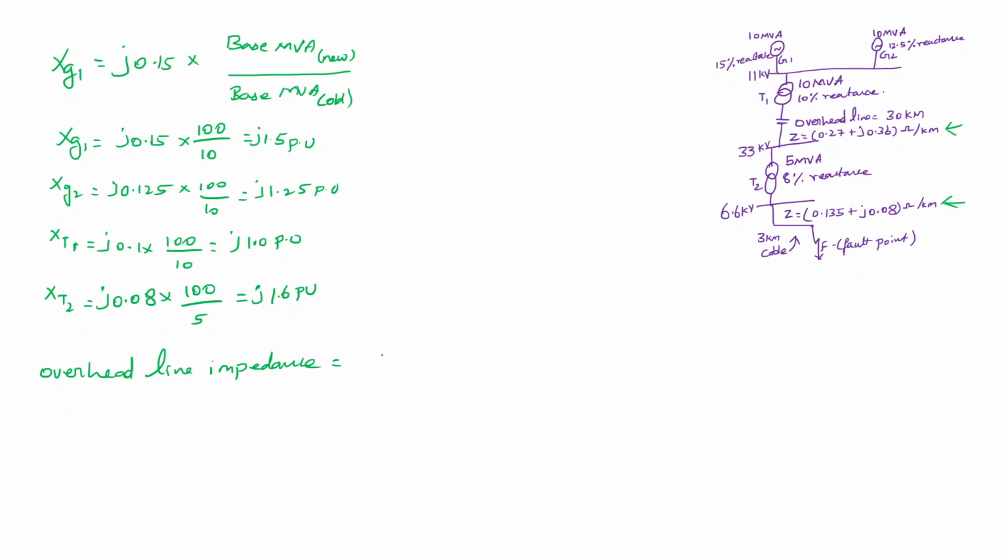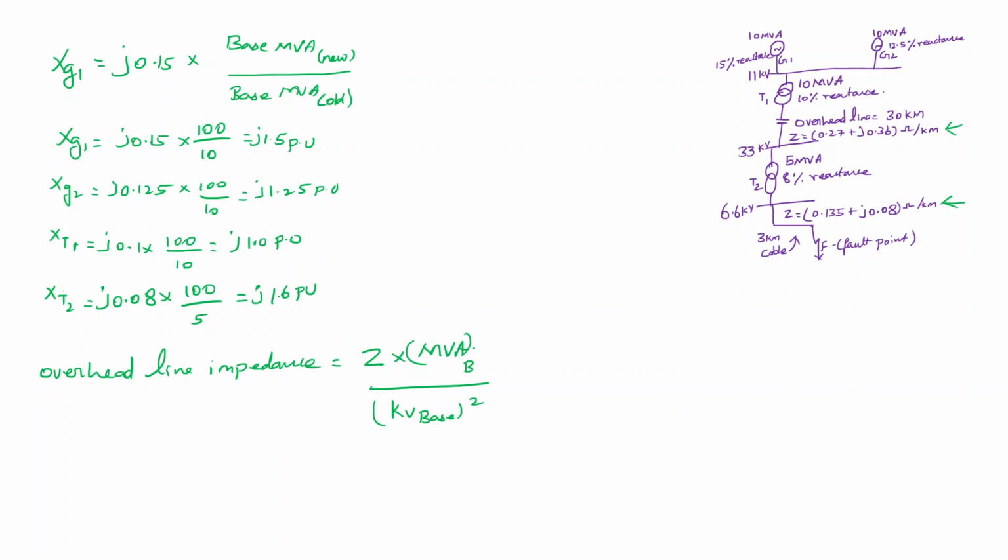So we know that Z into MVA base, the whole divided by KV base, the whole square. This is the formula to find the impedance, that is, the overhead line total impedance.